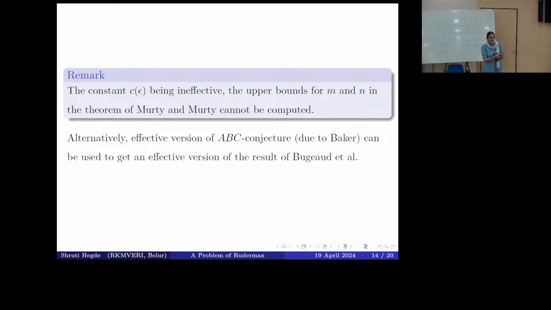I don't know what that dependence is. Baker has refined this, as well as the ABC conjecture, in terms of effectiveness that way. Yes, sir, exactly. That is why the problem is still open.